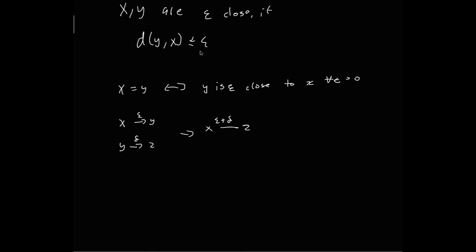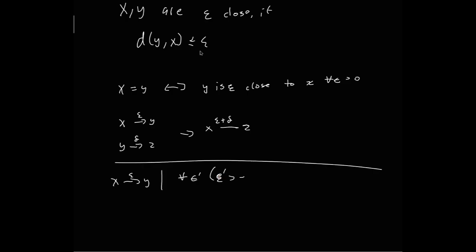There's a few other statements like this. They'll come up later, but one other thing that I want to go over is that if x and y are e close, then for all epsilon prime, if epsilon prime is greater than epsilon, then we have that x is epsilon prime close to y.